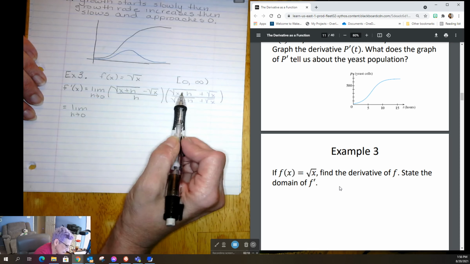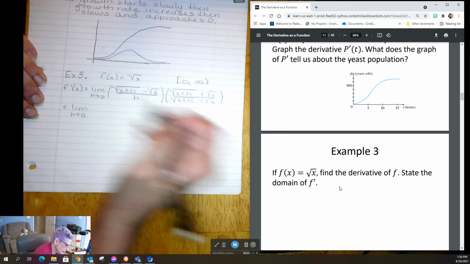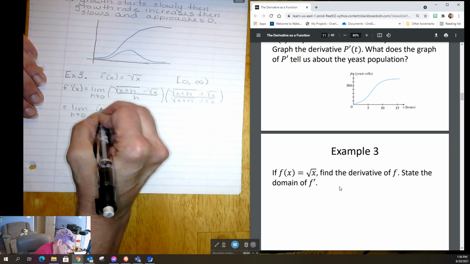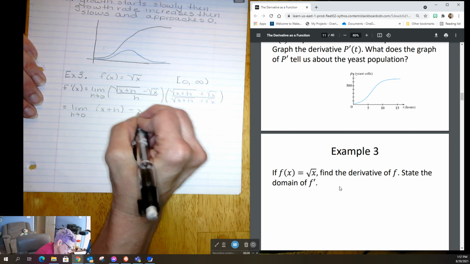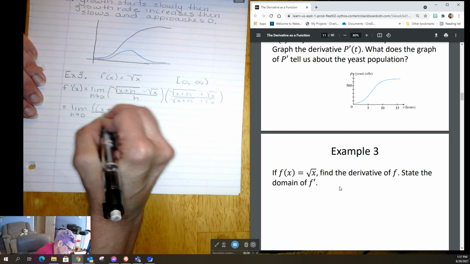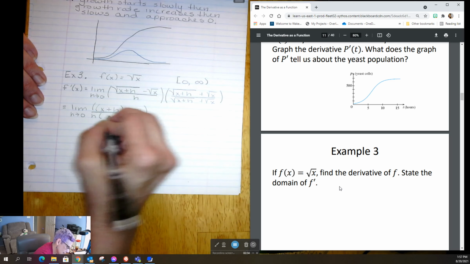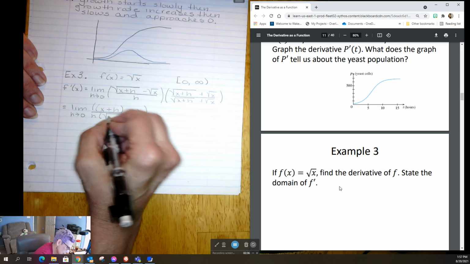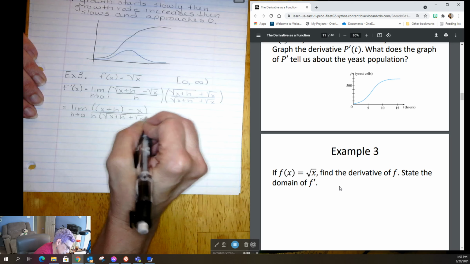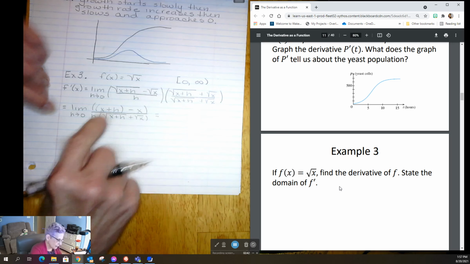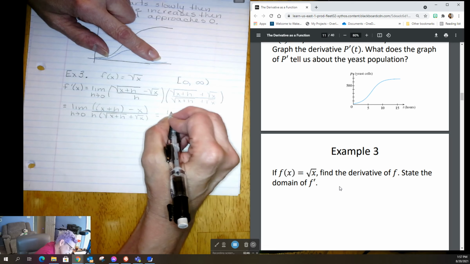So first, outer, inner, last, the middle falls out. We end up with x plus h minus x on top of the fraction bar. And I don't distribute because I know what's going to happen. x minus x goes away.